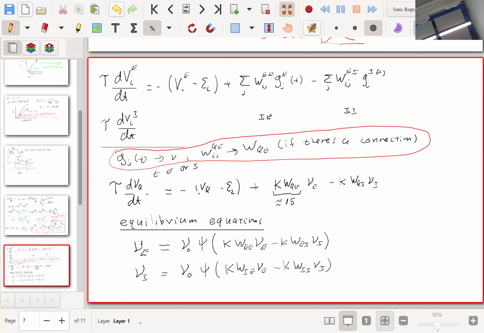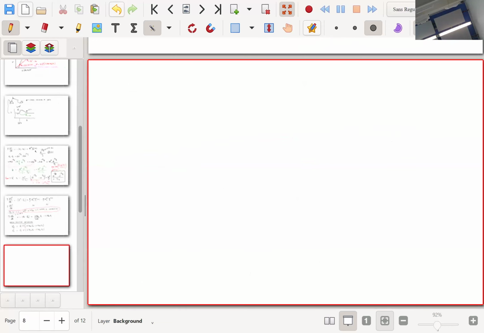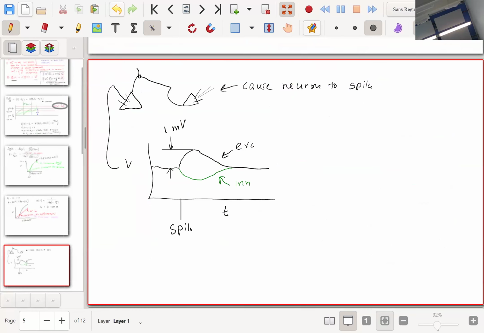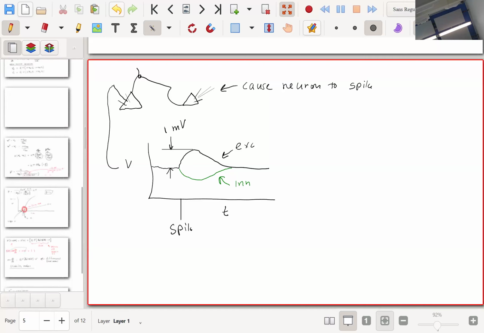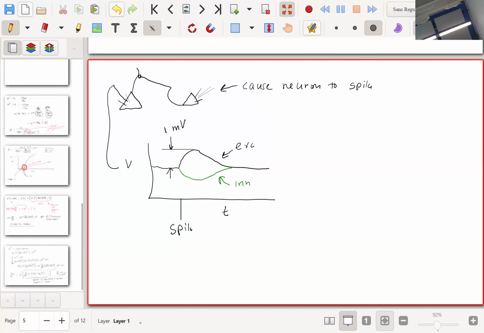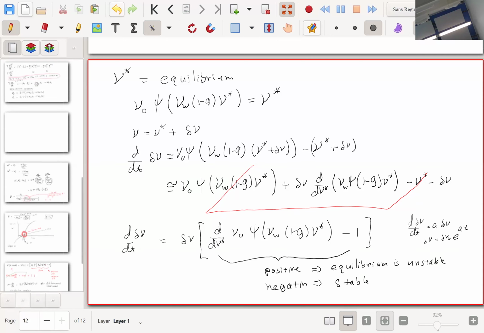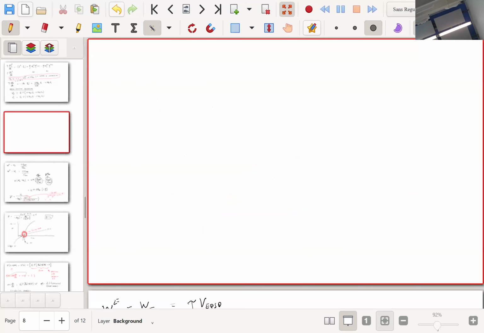And let's write down the equations we're going to use for dynamics. As before, we're going to write... Slides have gotten out of order.